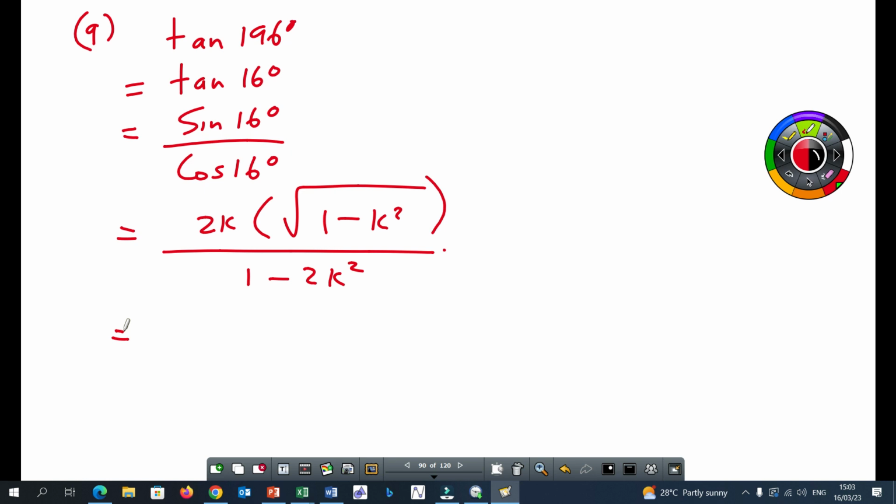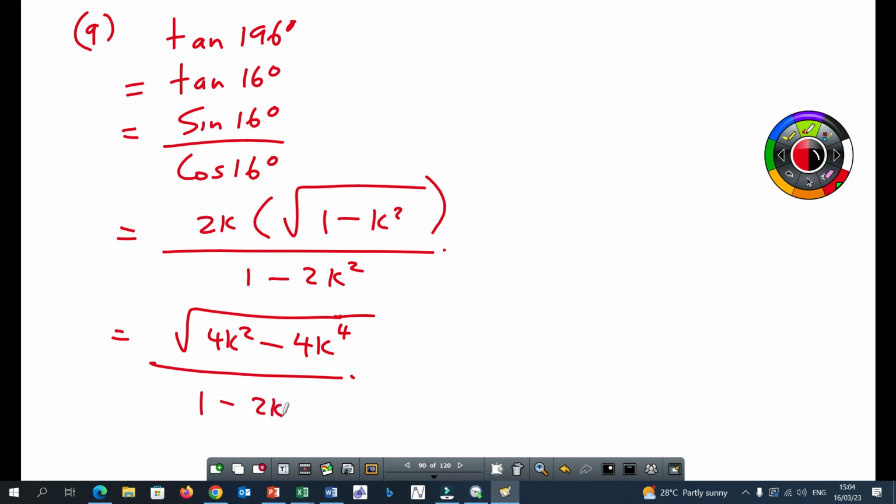So if I take the 2k into the root, because the problem is how to remove the root. You cannot remove it. You do not remove the root, unfortunately. And the denominator also is not a difference of 2 squares. So I can write it as the square root of 4k squared minus 4k to the power of 4, if I take the 2k into the root, all over 1 minus 2k squared.